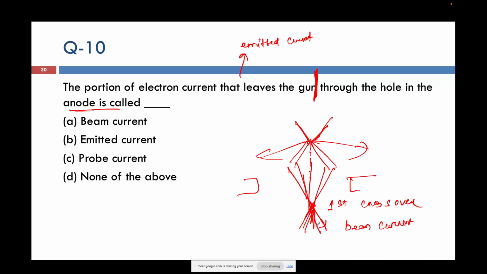And finally, when we put our objective aperture, we do not want all the electrons to fall on the aperture. What finally falls on our sample is called probe current. So the answer to this is: the portion of the electron current that leaves the gun through the hole in the anode is called beam current.